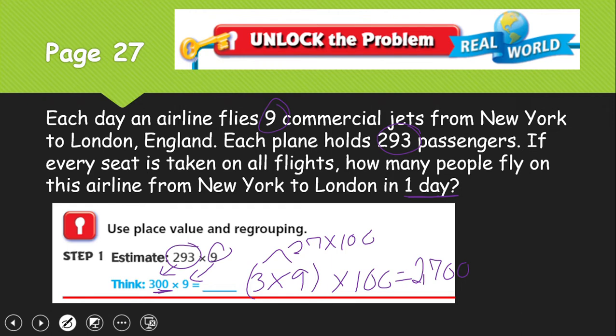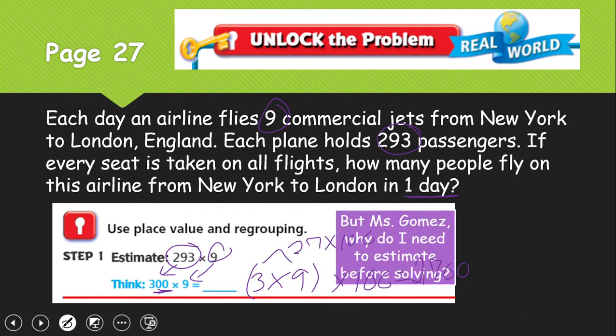So the question here is, but Ms. Gomez, why do I need to estimate before solving? Well, that's a really good question because as humans, we tend to make mistakes sometimes. And it's part of life. We all do it. But estimation allows you to take advantage of the multiplication problem. So it's basically like a little benchmark that you have. So you know that your answer has to be near this number, your estimation.